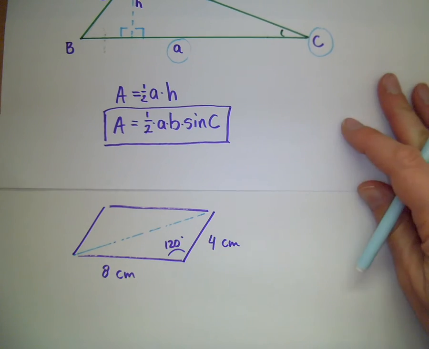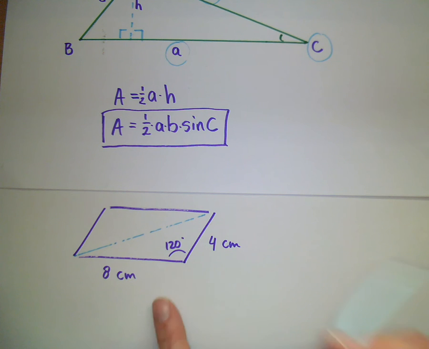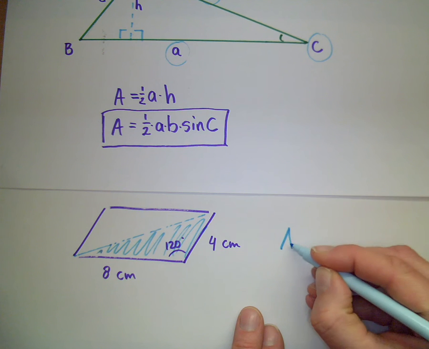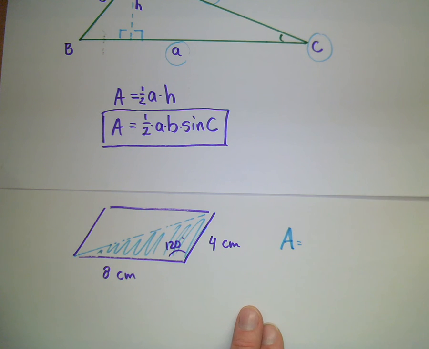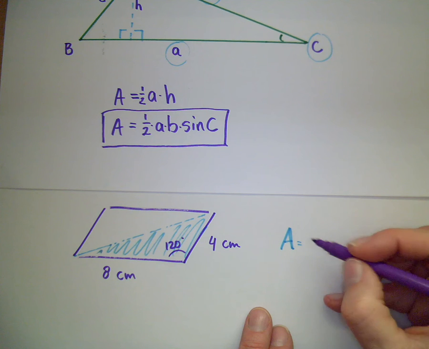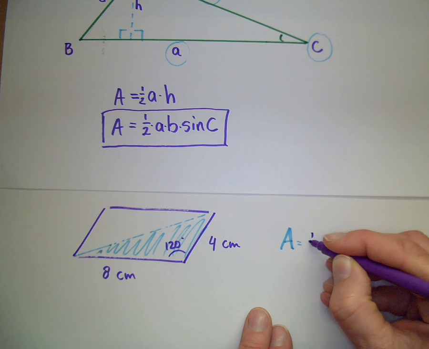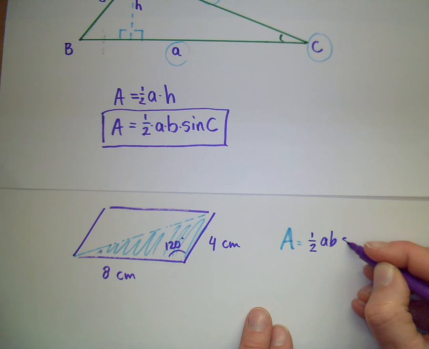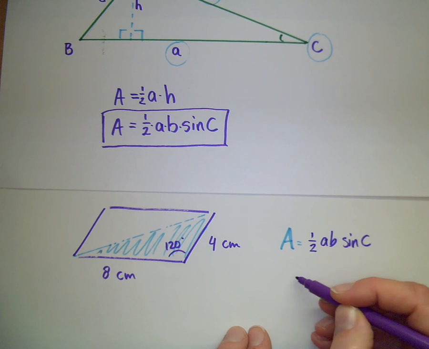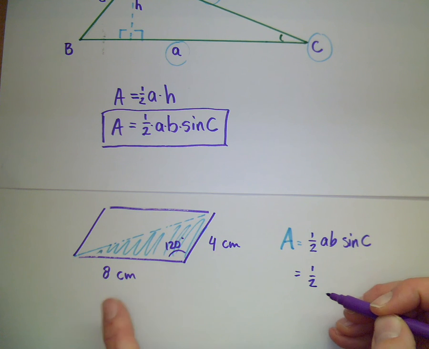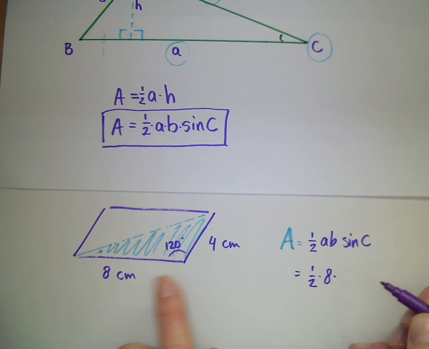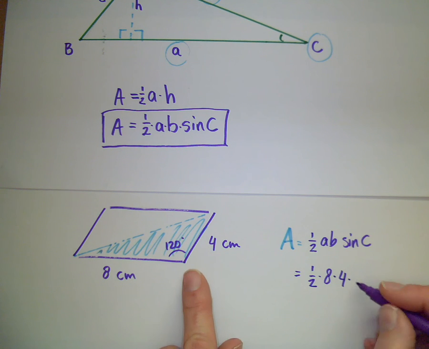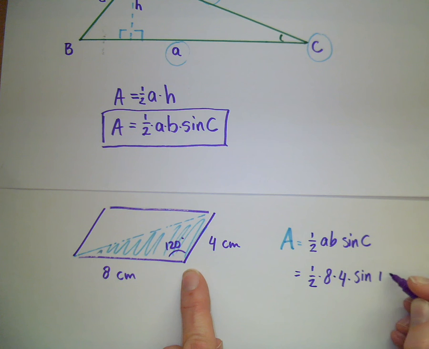Let me pull it up there. The area of the blue triangle equals 1/2 ab sine of angle C, which equals 1/2, this is a, 8, times b, which is 4, times the sine of 120.